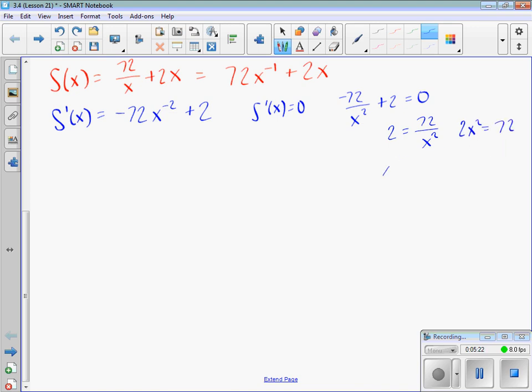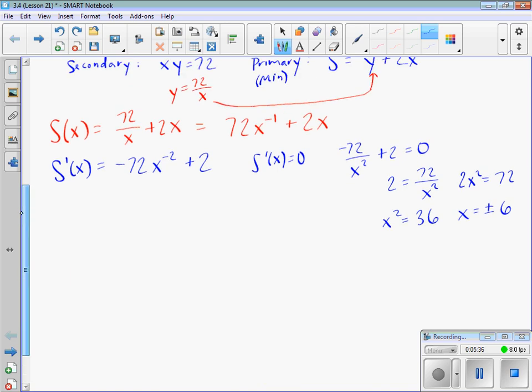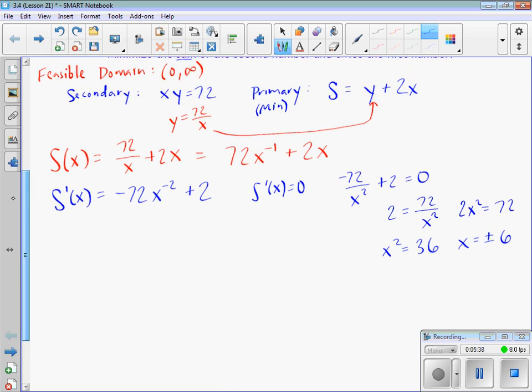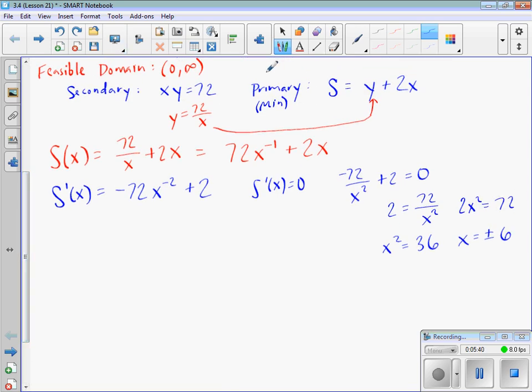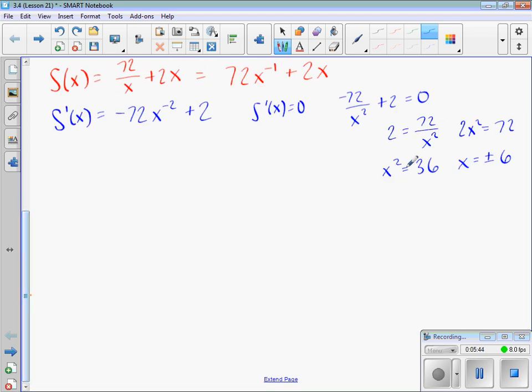So x squared is 36, and so my x is plus or minus 6. And then thinking back to my domain, it's only feasible to use the positives here, right? Because it was positive numbers. So really I'm just dealing with x equals 6. Okay. Any questions on that?